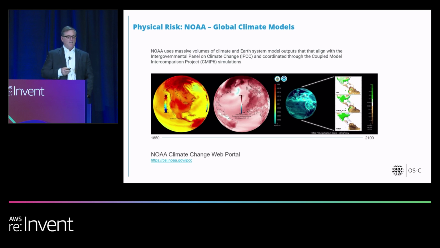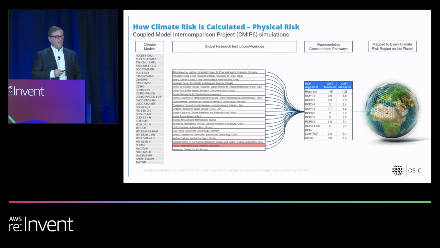In addition, NASA, the Beijing Climate Center, the Canadian Center for Climate Modeling, the European Space Agency, Oxford, and others have run these models and put them out, and they basically align all of this data to what's called a representative concentration pathway, how much carbon is in the atmosphere, and how much carbon will actually present what the temperature rise will be, or the global mean temperature.